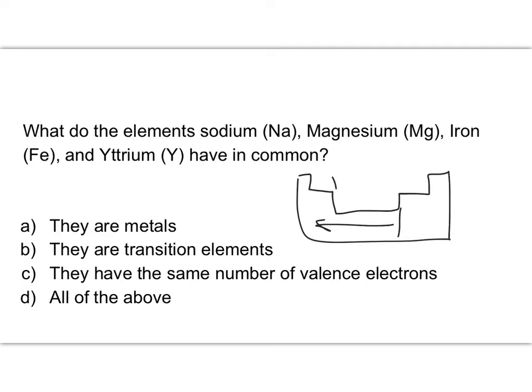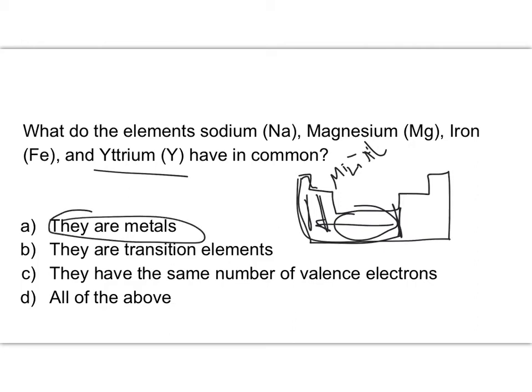All of those elements are considered metal. Okay, some of them are more metallic than others, but you have the alkali metals, the alkaline earth metals, and then in the middle you have the transition metals, but those are all metal, and all of these elements come from this section of the periodic table. So the answer here is A, they're all metals.